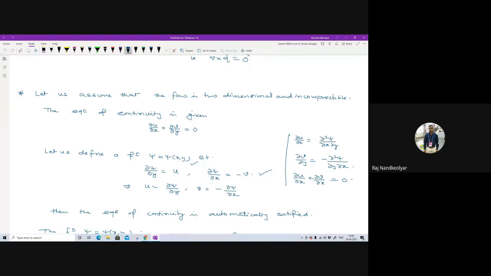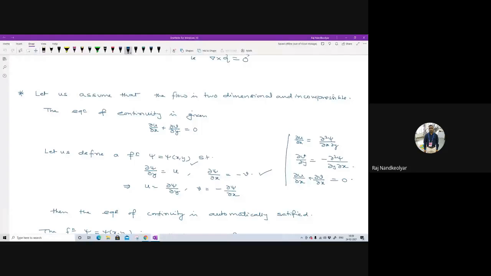What are the conditions? If you differentiate psi with respect to y, that is equal to the x component of the velocity, and if you differentiate psi with respect to x, that will be equal to the negative of the y component of the velocity.